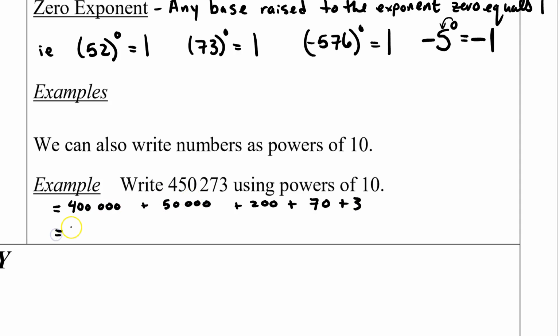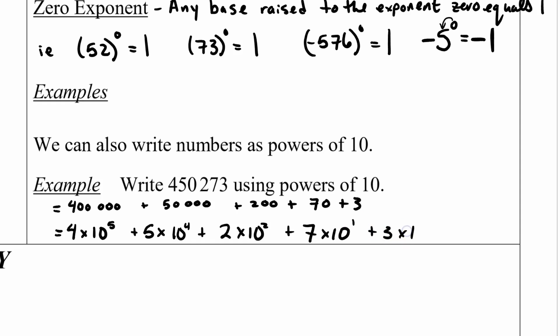So I'm going to say here, this is 4 times 10 to the power of 1, 2, 3, 4, 5, plus 5 times 10 to the power of 1, 2, 3, 4, plus 2 times 10 to the power of 1 and 2, plus 7 times 10 to the power of 1, plus 3 times 10 to the power of 0.